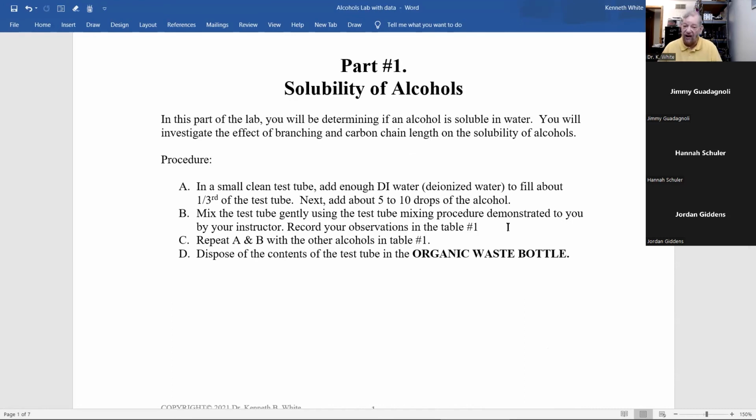Is the alcohol soluble in water? Well, I told you earlier that alcohols have a slight negative charge on the oxygen due to its electronegativity, and a slight positive charge on the hydrogen. And water has the same thing.